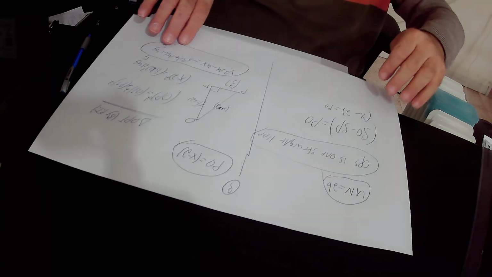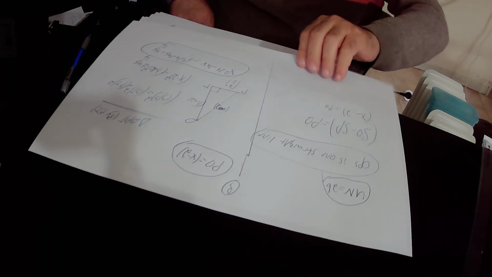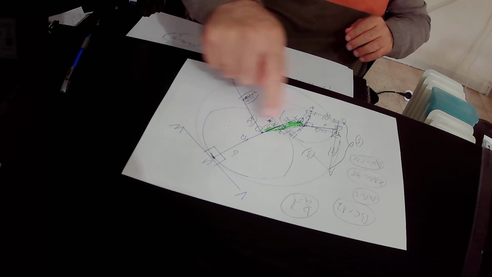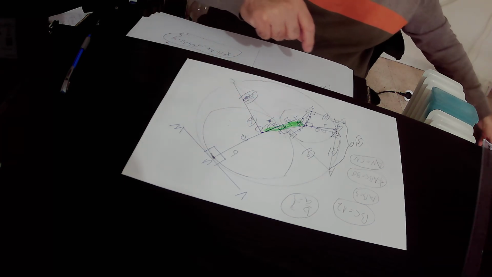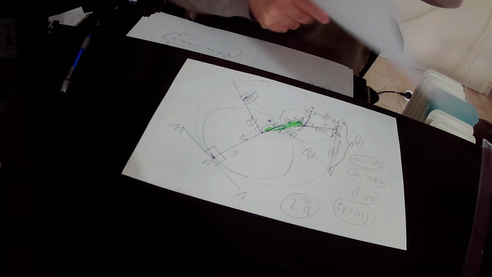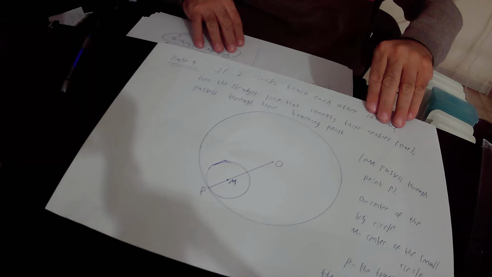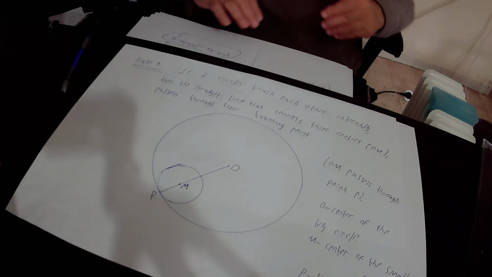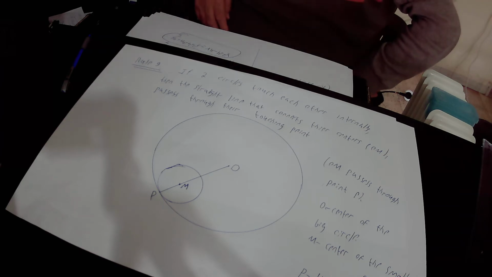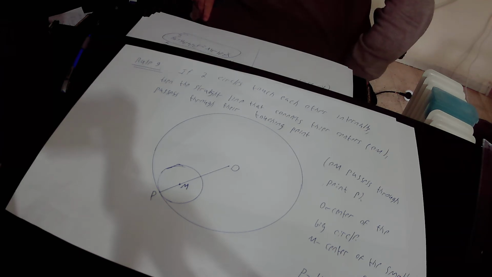UN equals 2B. Then I presented to you rule number 9, and we implemented rule number 9 in our drawing. According to rule number 9, if two circles touch each other internally, then the straight line that connects their centers together must pass through their touching point.